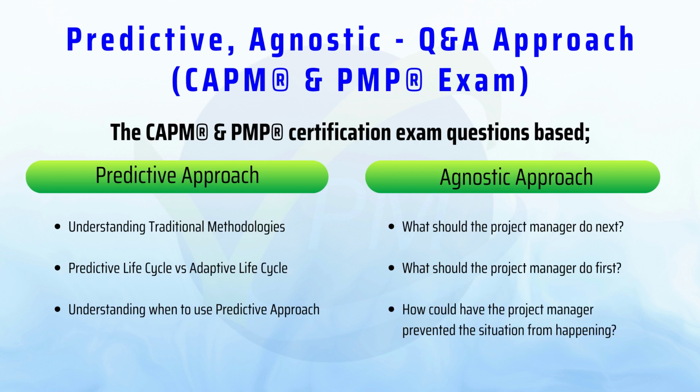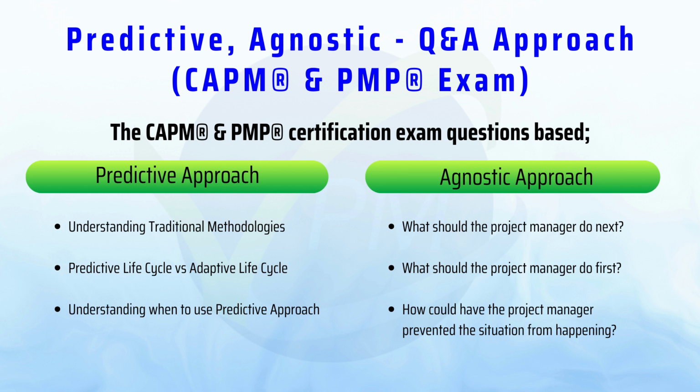Okay. Then in terms of predictive and agnostic approaches, for the predictive approach, understand the traditional methodology, the predictive life cycle versus the adaptive life cycle, and when to use the predictive approach. There will also be agnostic questions, and this is always on the exam.